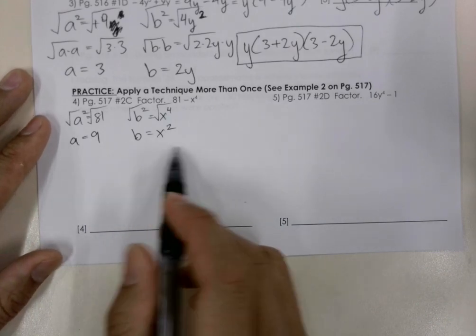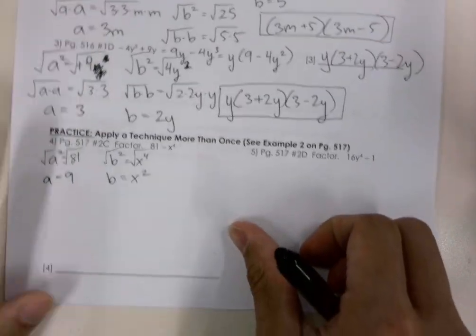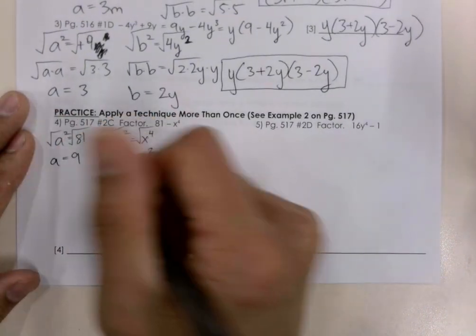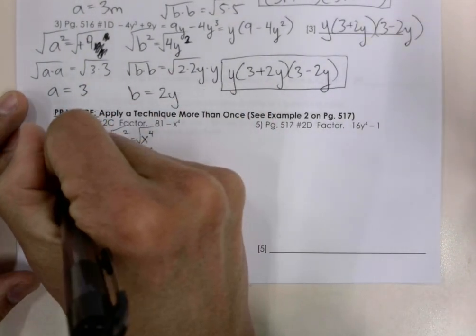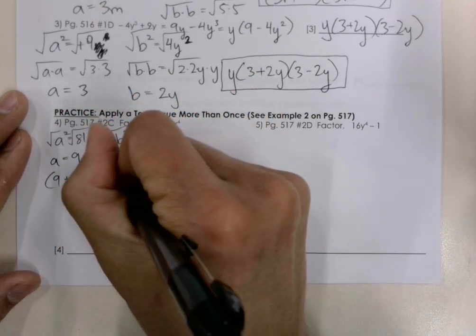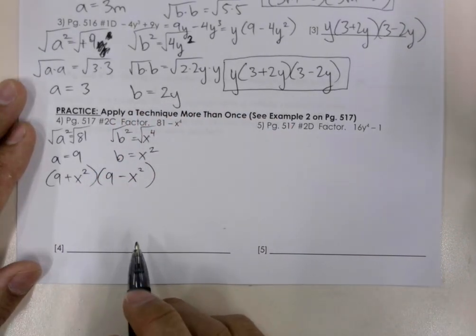All right. And then we're going to go ahead and rewrite our expression as so. a plus b times a minus b. So it is going to be 9 plus x squared times 9 minus x squared. Right.